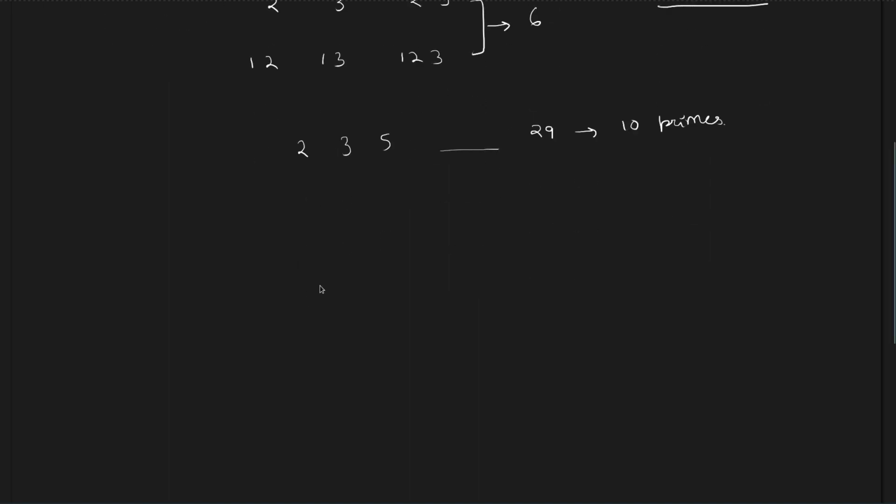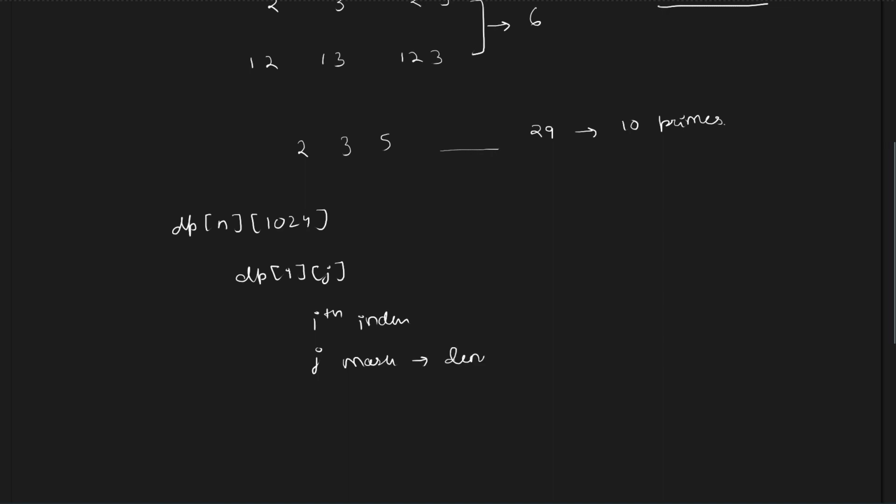Now this particular problem can be solved with DP and bit masking. We can create a DP array of size n by 1024. This would be the dimensions of our DP array. Now dp[i][j] will denote that I am at the ith index, and j will be the mask.